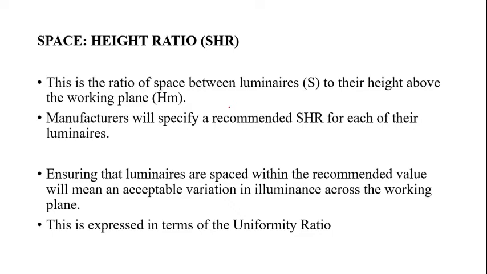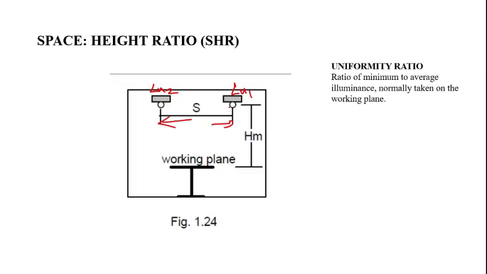The variation in illumination is expressed in terms of uniformity ratio. So what is uniformity ratio? We have already defined it. If you consider a working plane like this, it will have an infinite number of points.